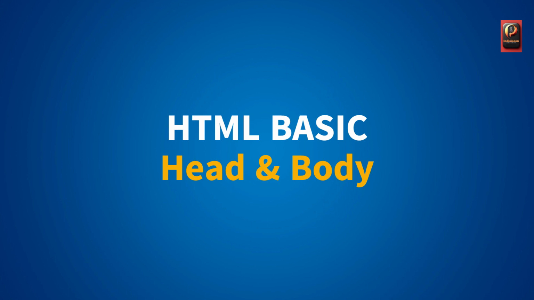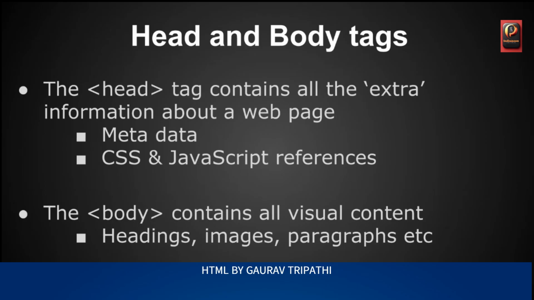So, just to recap quickly. In the last lesson, we said that the head contains all the extra information about our webpage. This can be things like metadata, CSS references, JavaScript references. This is data that you want to tell the browser, look, this is some extra information about the webpage, but you don't want to show it to the user.